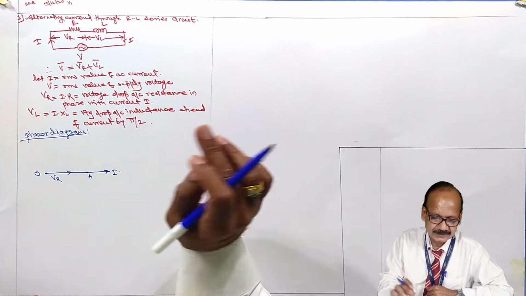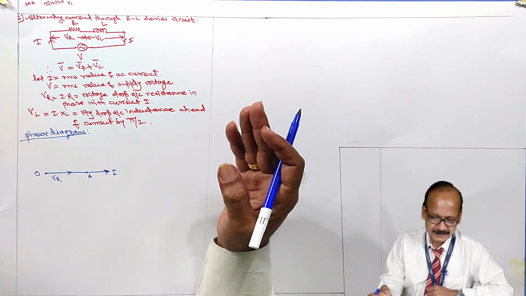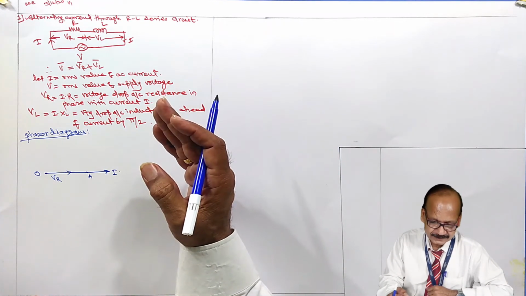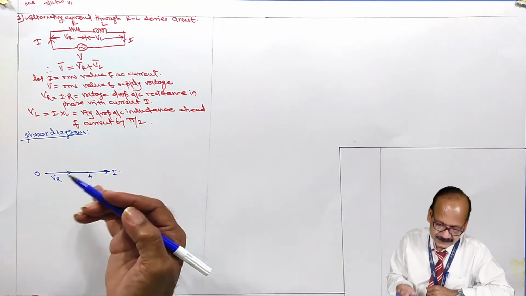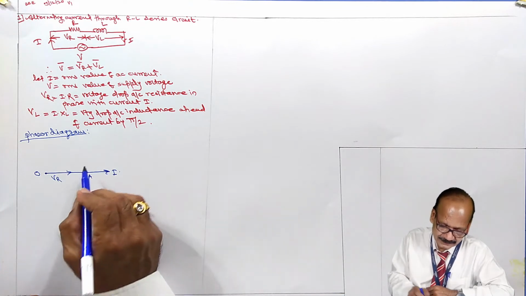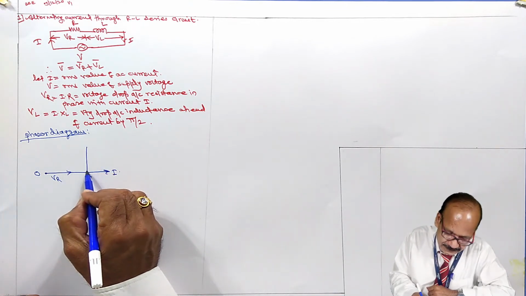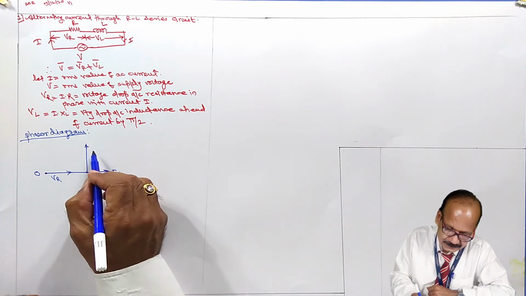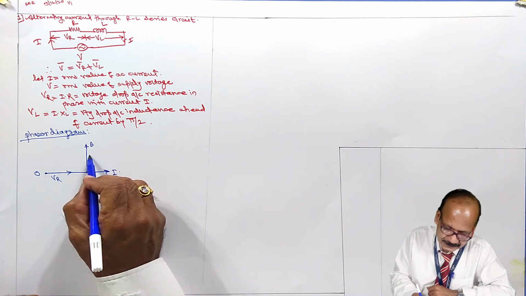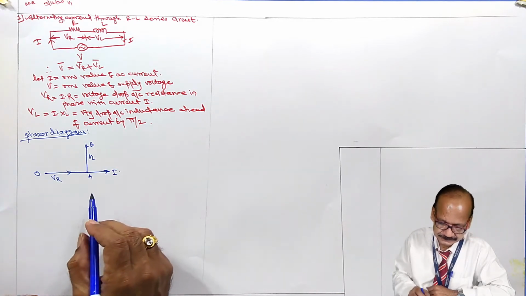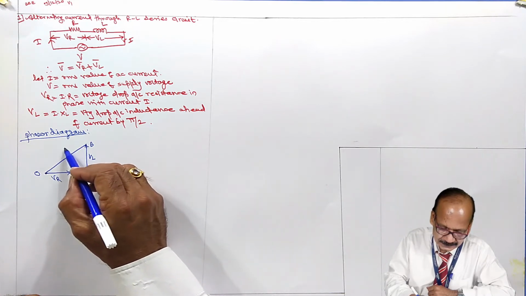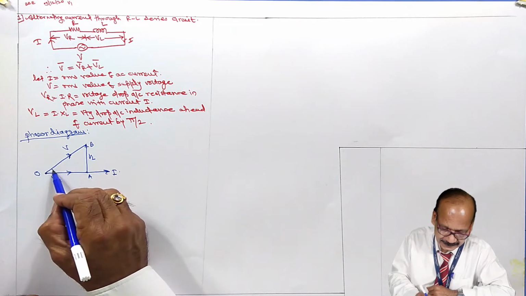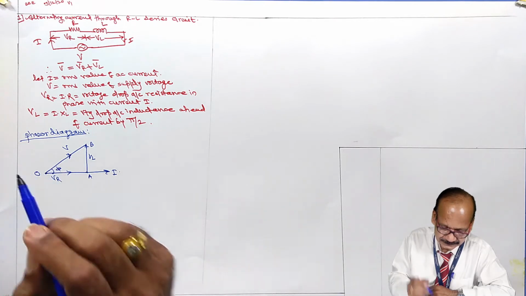Then voltage drop across the inductance is ahead of the current by pi by 2. That means current is lagging the voltage by an angle pi by 2. So here it is B and this is V_L. And when you join, this is V, this is the resultant, and angle made is phi.